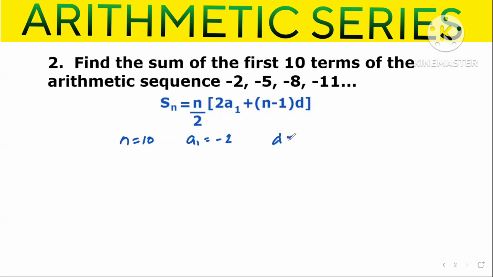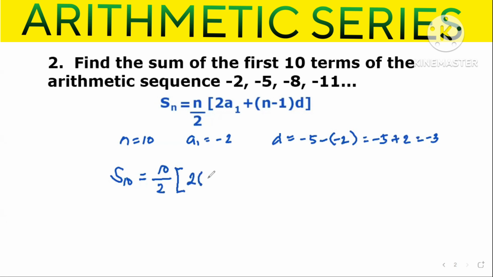And d is equal to negative 5 minus of negative 2 will give us negative 5 plus 2 or negative 3.